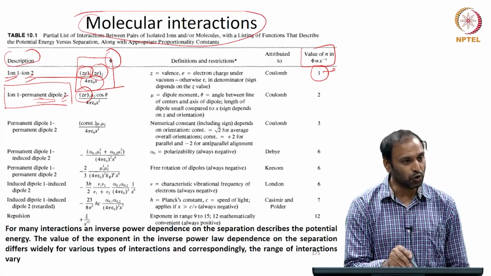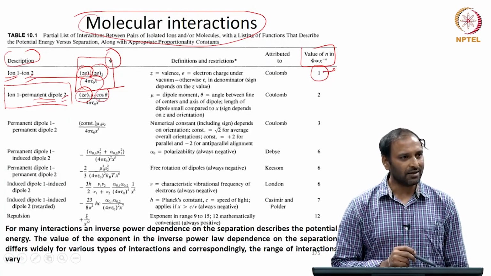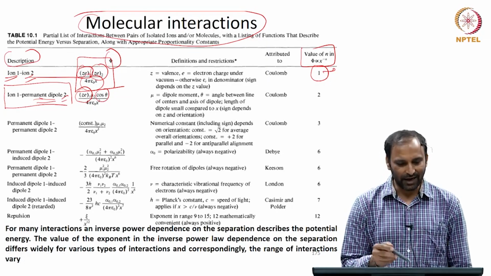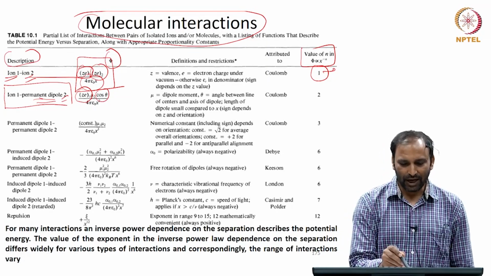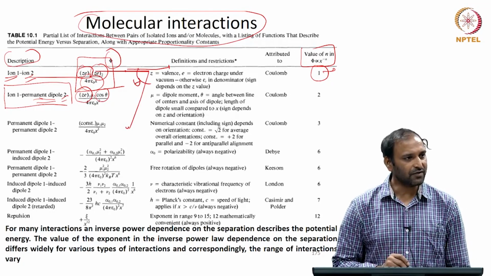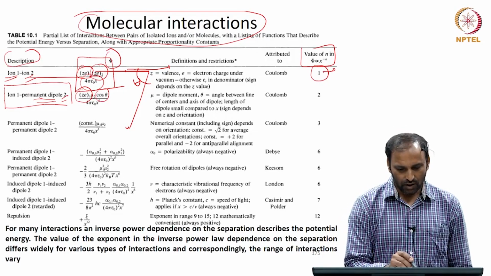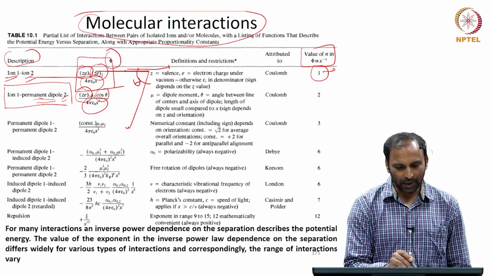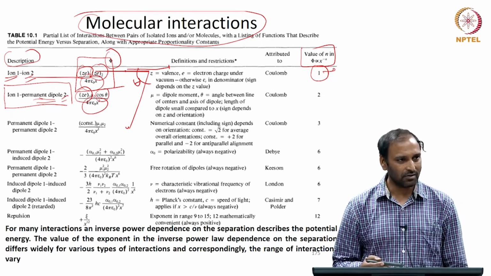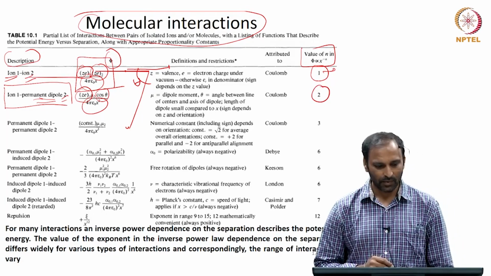Therefore it is mu 2 here, and cos theta involves the angle. For example, I could have a dipole here and my ion could be here, and theta refers to the angle. It has a 4 pi epsilon naught x squared dependence. Therefore, your exponent is going to be 2.